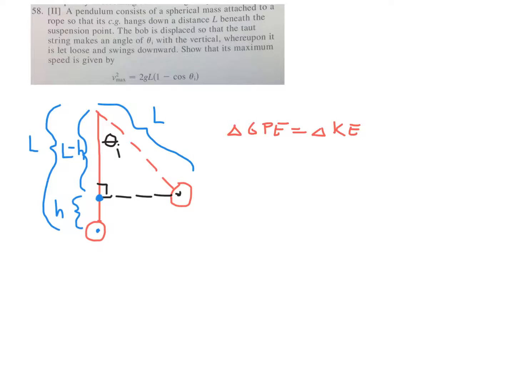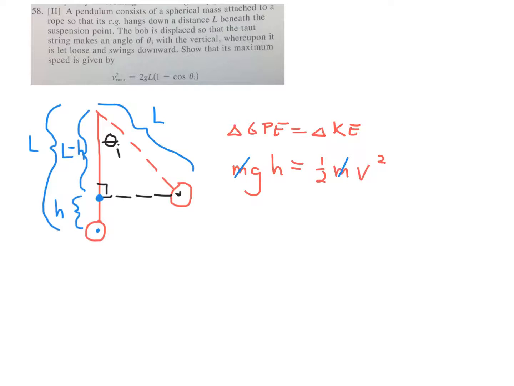So essentially we just have to find the GPE at the top symbolically, and that's just going to be mg, technically delta h, but in this case we can just put h, equals 1/2 mv squared, delta mv squared, but once again v initial is 0. The masses cancel out, so it doesn't really matter what the mass of the bob is.